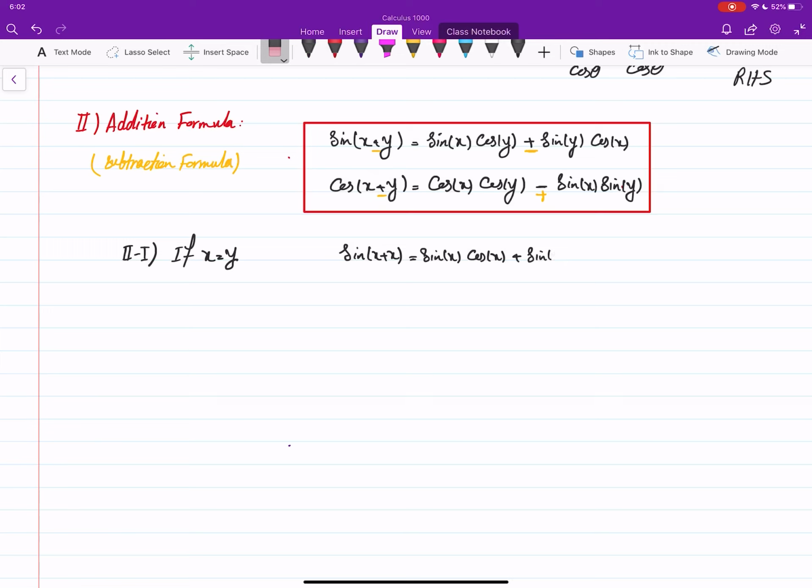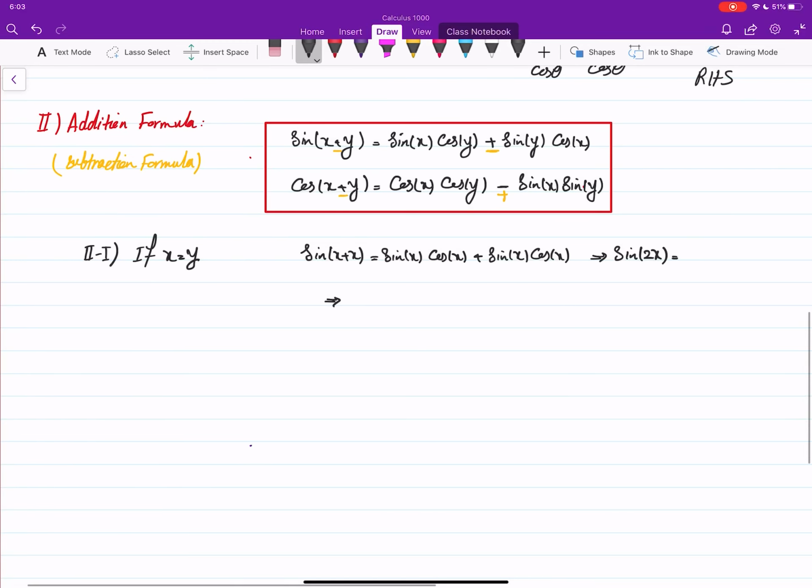Everywhere you see y, you plug in x. As a result, sine of 2x is equal to, these terms are exactly the same thing, and we have two of them added, so this will be 2 sine x cosine x.